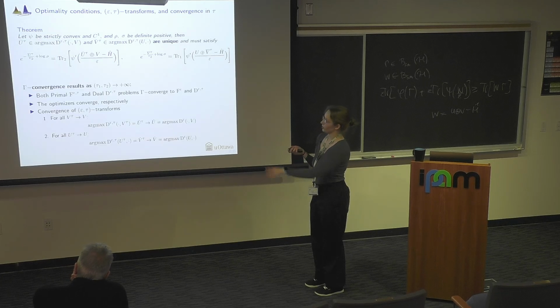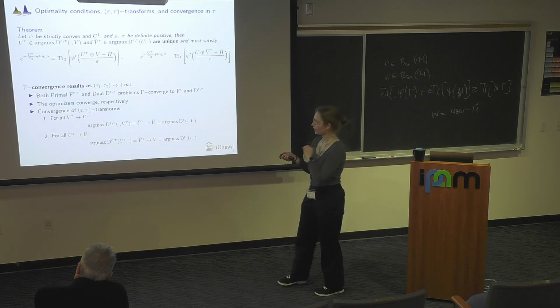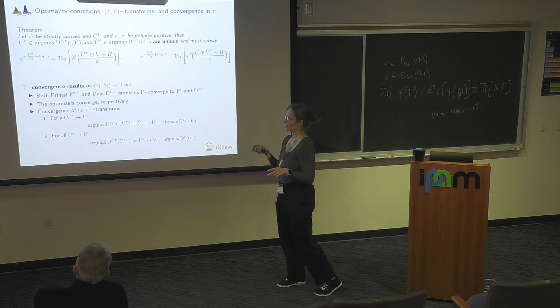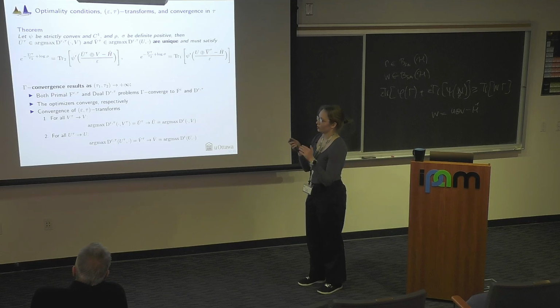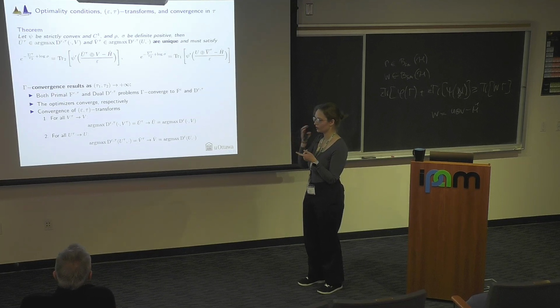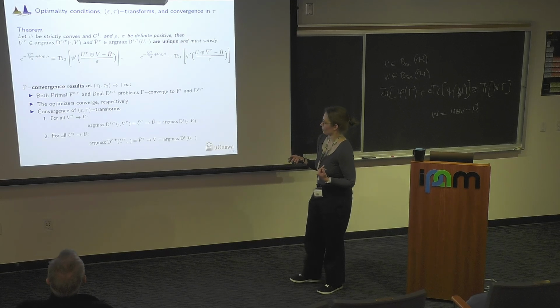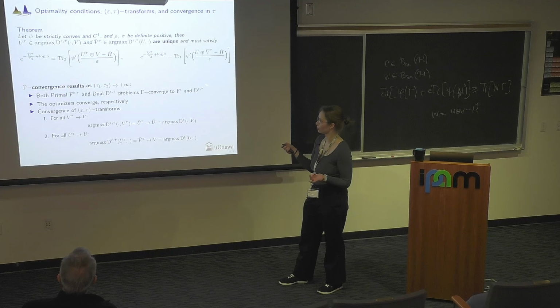The other thing that we have is the gamma convergence results as tau1 and tau2 go to infinity. Here we are trying to show that if we send the unbalanced generalization to infinity, we recover the problem with correct marginals.